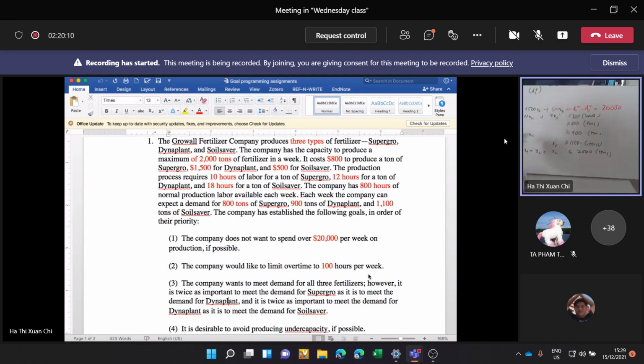That's it. So right now, how can we write that constraint, everyone? The company would like to limit overtime to 100 hours per week.